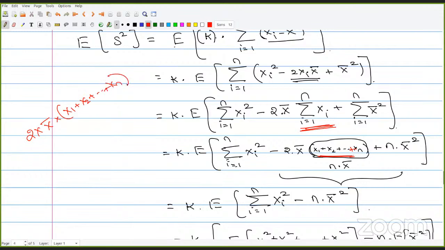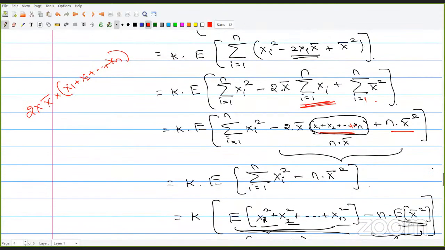And the third term, summation of i equal to 1 to n of x bar square: every time I add it up, it adds up n times, right? Correct. Okay, so this line is done. Once I come down, why are we dividing by n into x bar? No, we are not dividing.